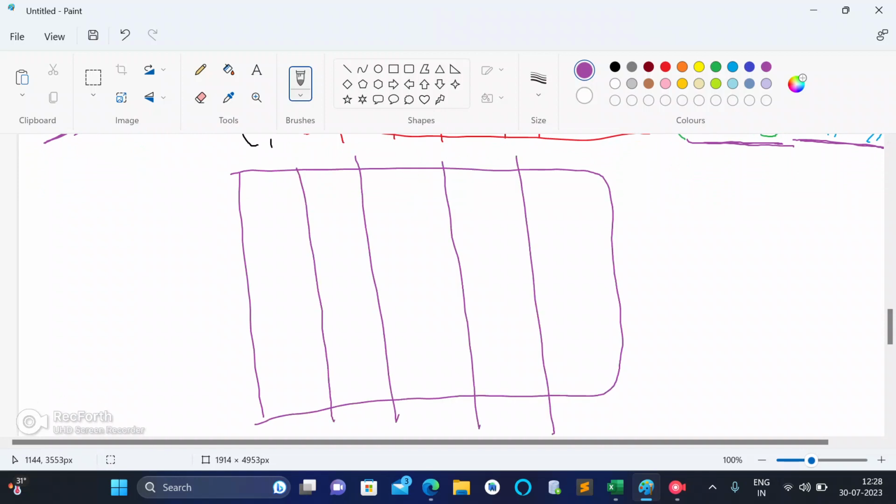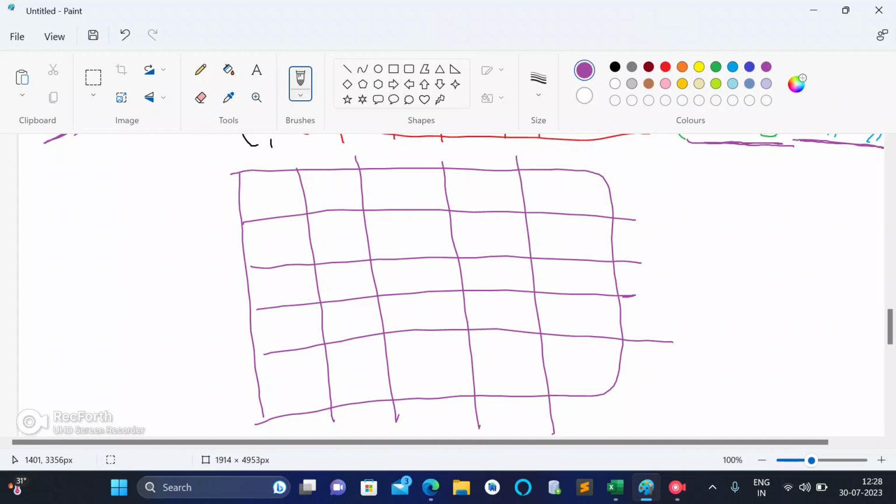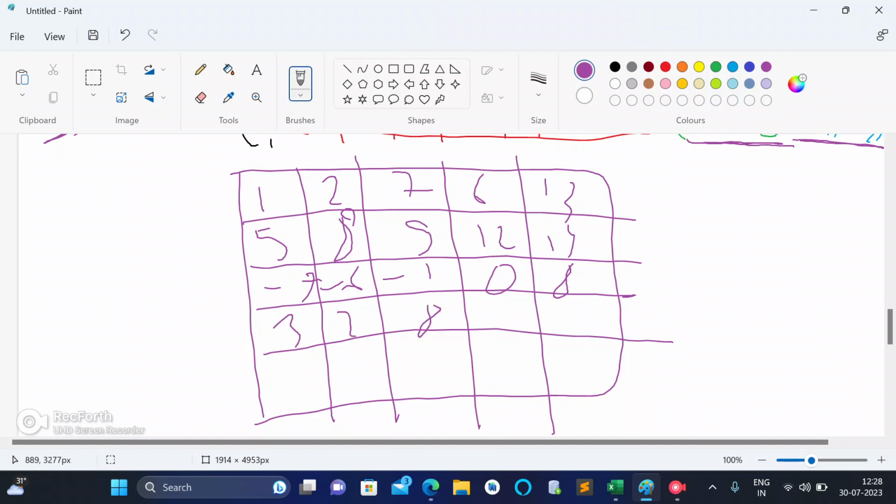So let's say a grid is given to us, filled with some numbers. Let's say 1, 2, 5, 8, 7, 6, 9, 12, 13, 14, 0, 8, -1, -6, -7, 3, 2, 8, and so on. Suppose the question asks me to find the sum of all the elements in the red range I have marked.